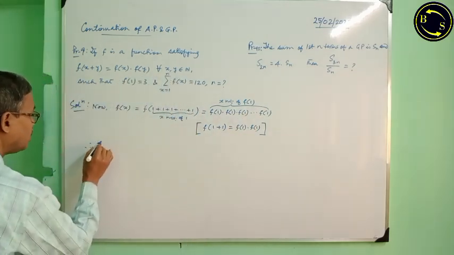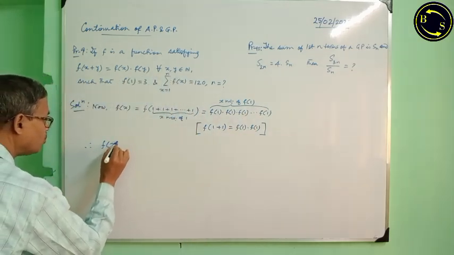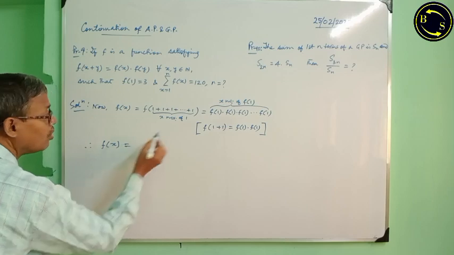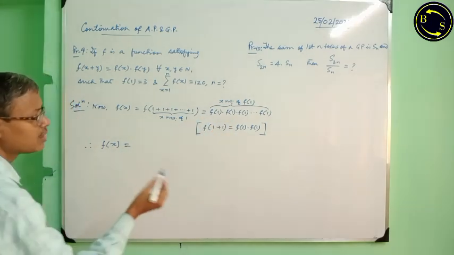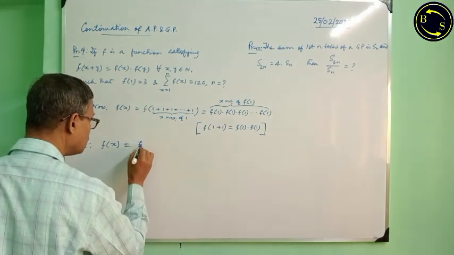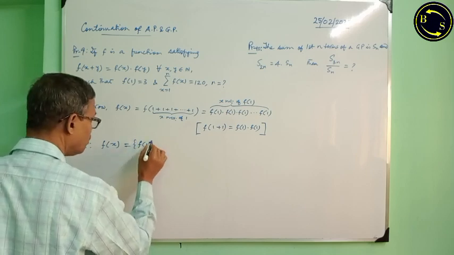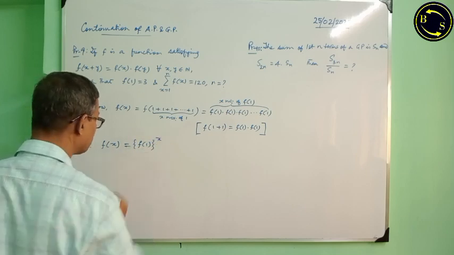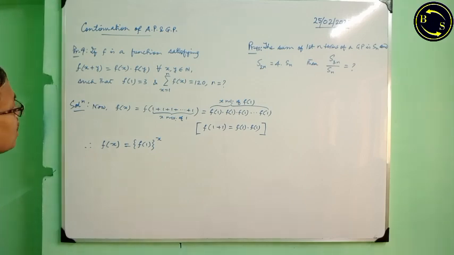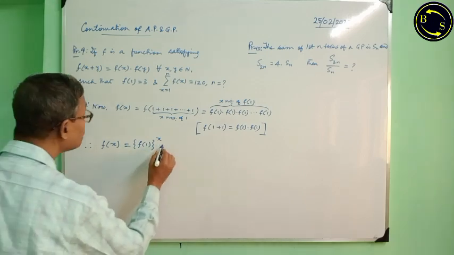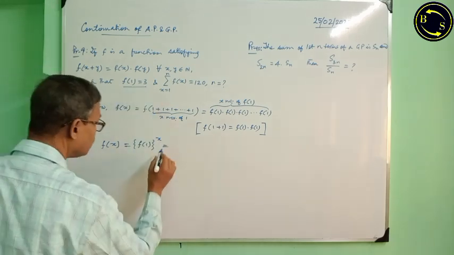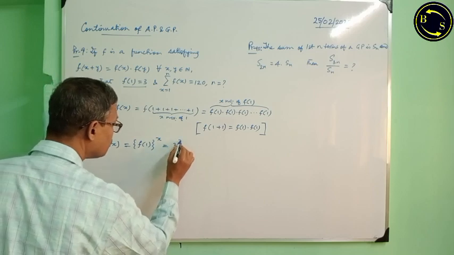Therefore, f(x) equals the product of x number of f(1), that means f(1) whole to the power x. Now f(1) equals 3, it is given, therefore it is 3 to the power x.